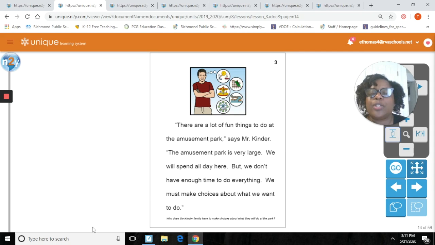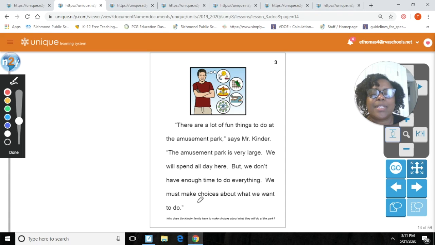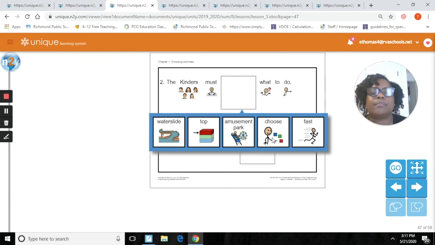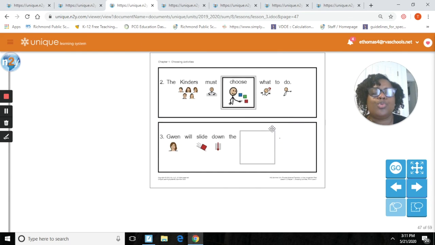All right. So what do they have to do? They have to make choices, right? It says it right here. They're at the amusement park. It's so large, it's so big, but we have to make a choice, okay? So they have to what? Choose.